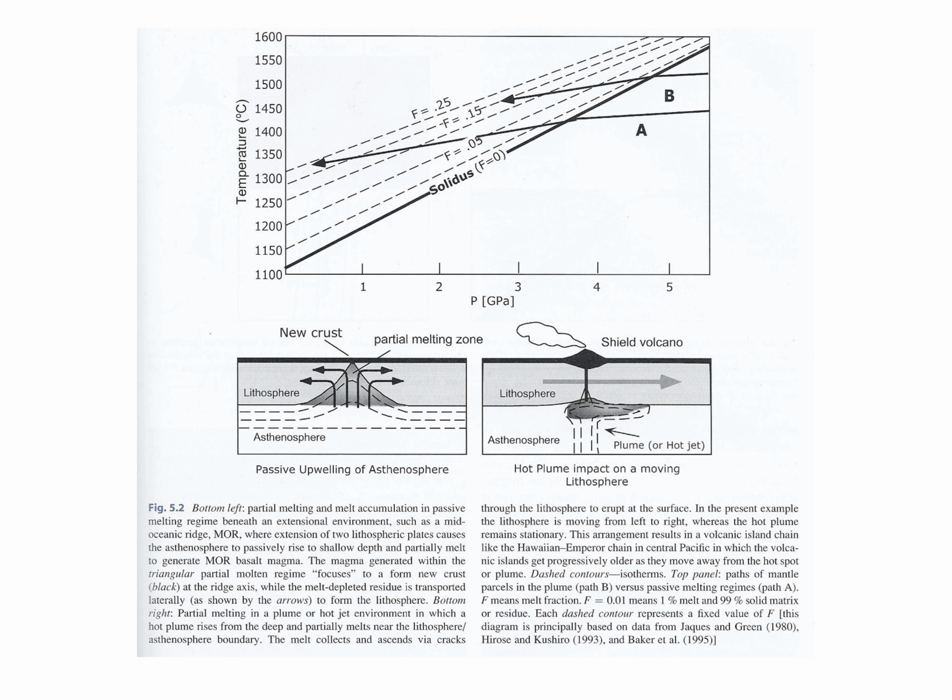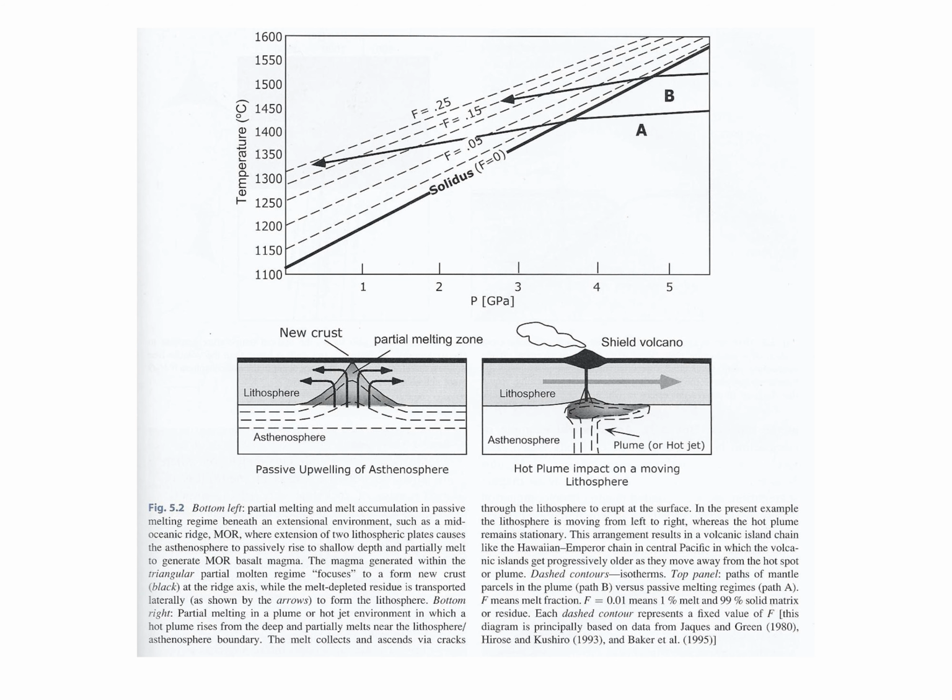These dashed contours are the isotherms, and in the top panel, paths of mantle parcels in the plume: that is path B, and that is path A, as shown here.